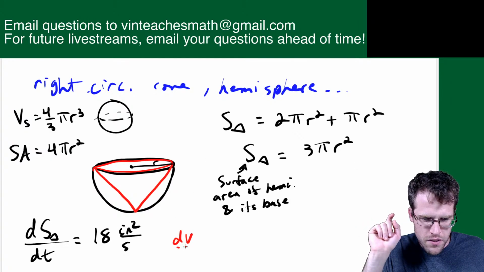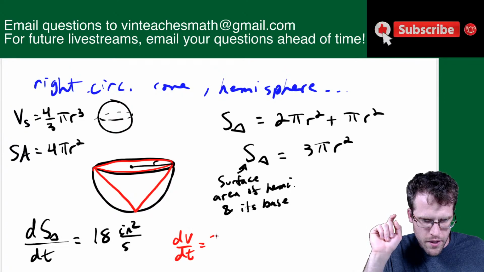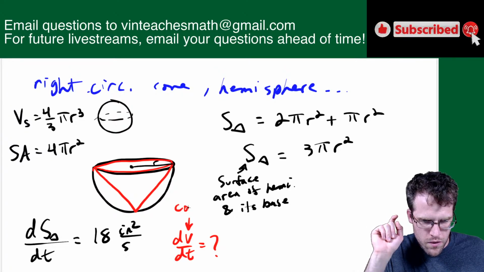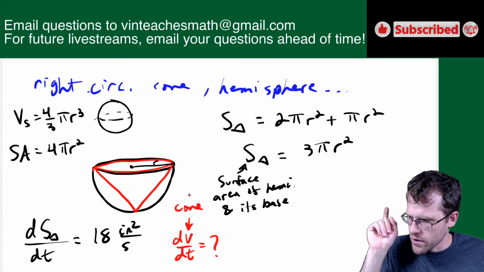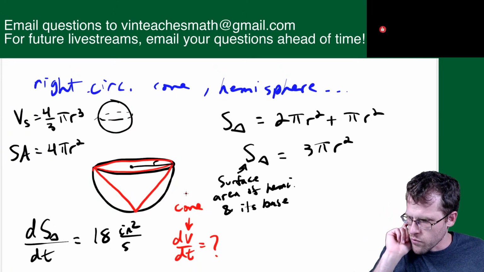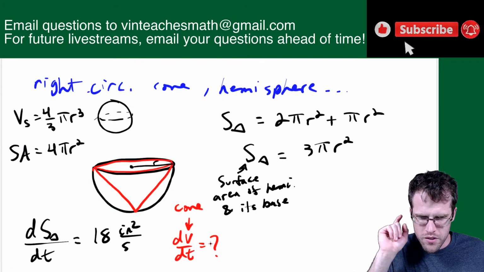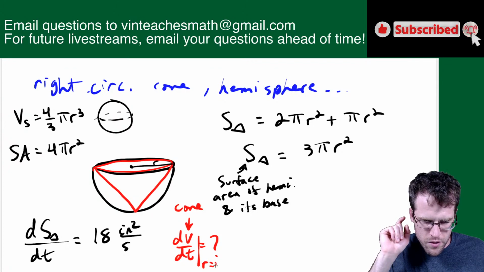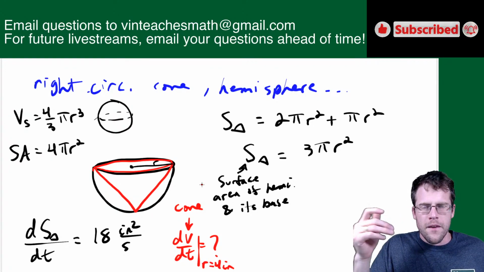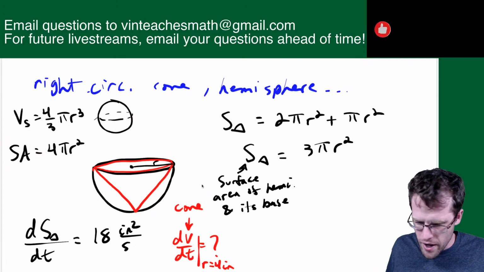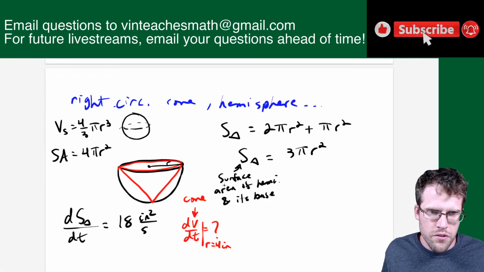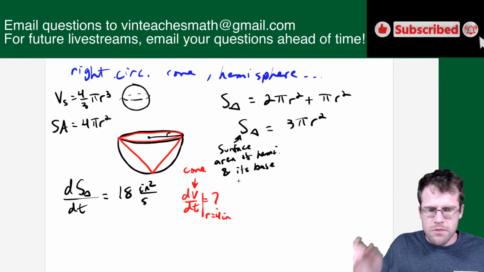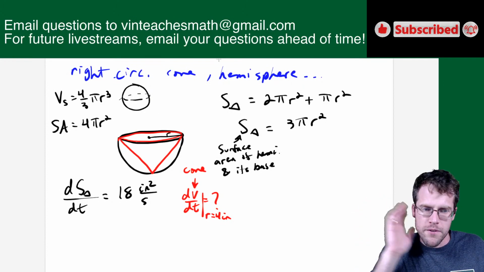So what we're looking for is dV/dt, and this is for the cone. At what rate is the volume changing at the instant when the radius of the common base is 4 inches? So specifically when r is equal to 4 inches. This is just extracting information and trying to understand what is even happening here. Making sense of the question is a big part of it.